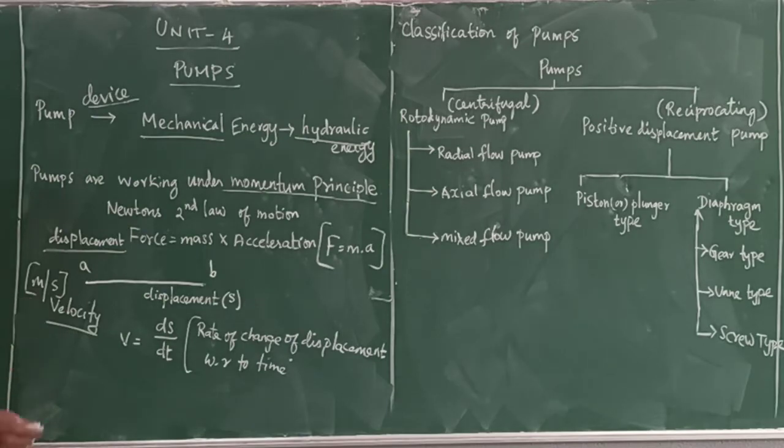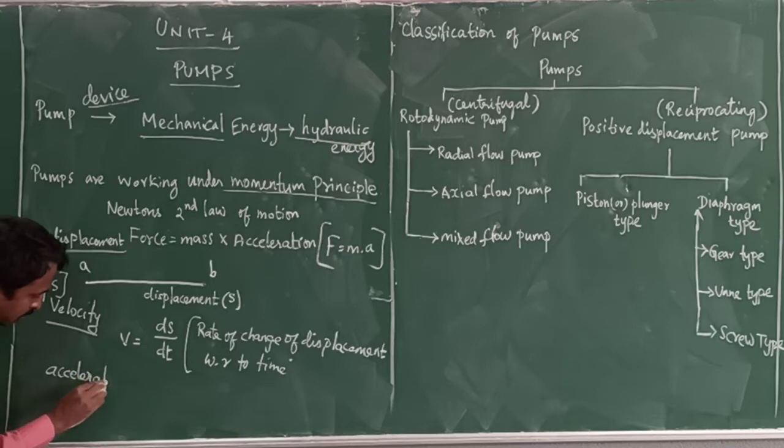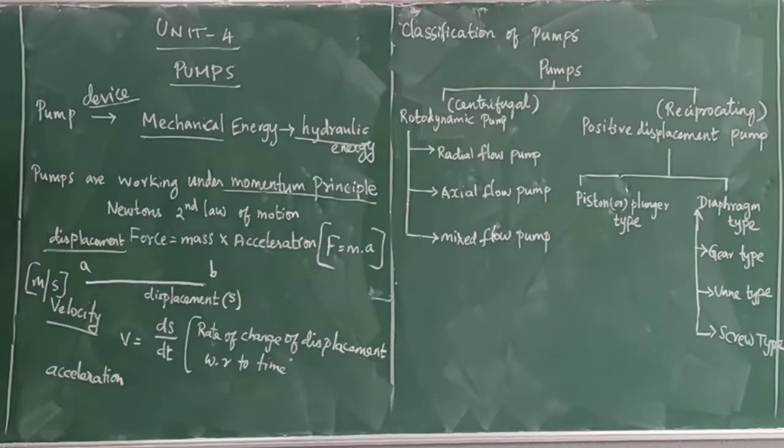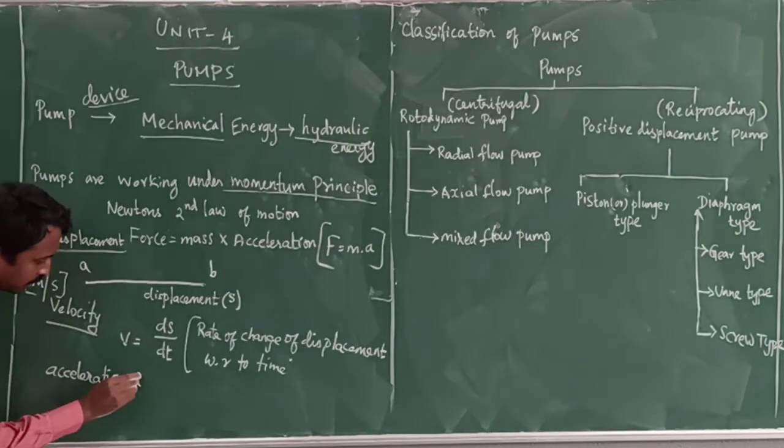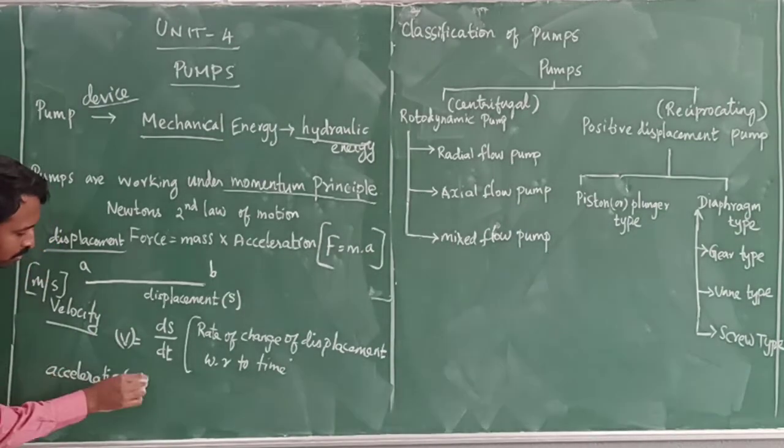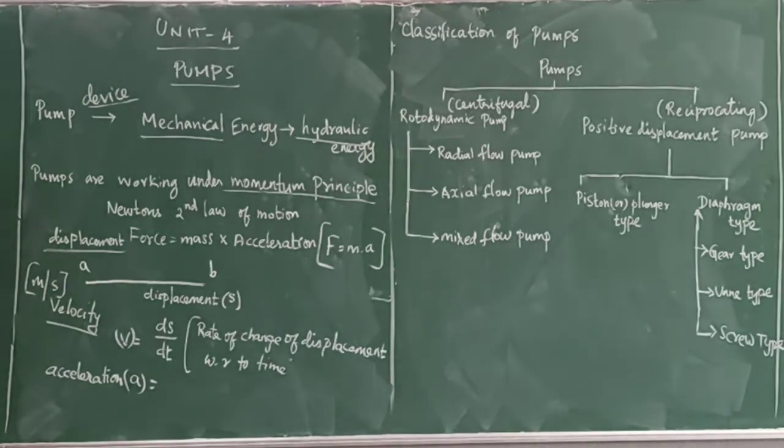Next, what is acceleration? Velocity is denoted by v and acceleration is denoted by a. How can we find out the acceleration? It is the rate of change of velocity with respect to time.